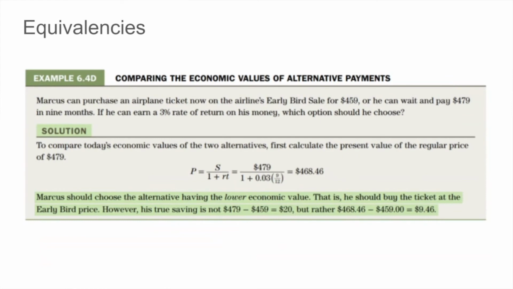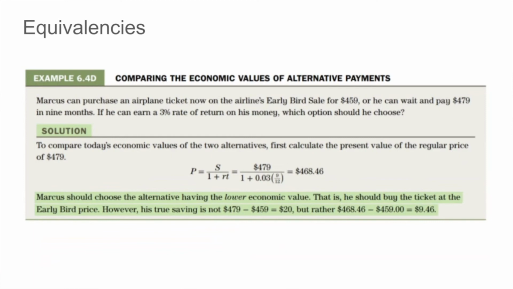Yet another example, comparing the economic values of alternative payments. So Marcus can purchase an airplane ticket now at the airline's early bird sale for $459, or he can wait and pay $479 in 9 months. So it's a now amount and a future amount. Okay? $459 versus $479. So $20 more. Should he pay now? Should he wait?